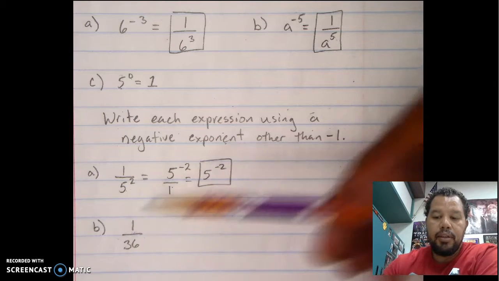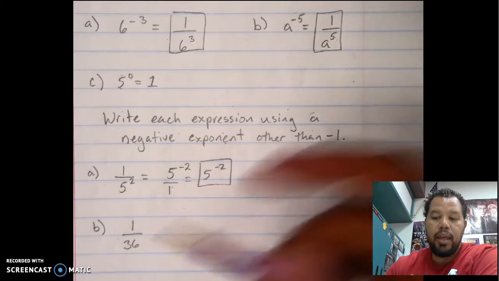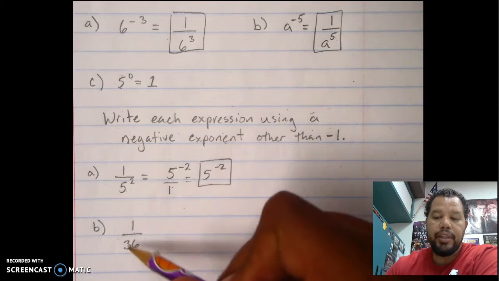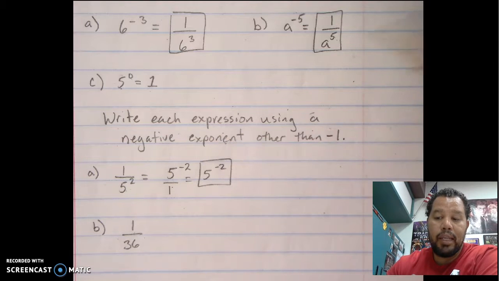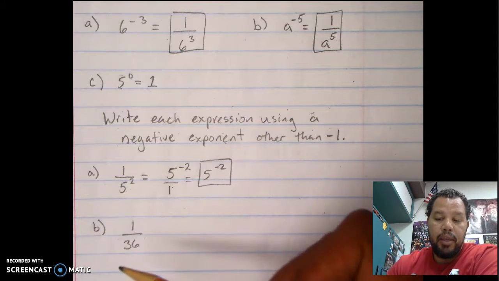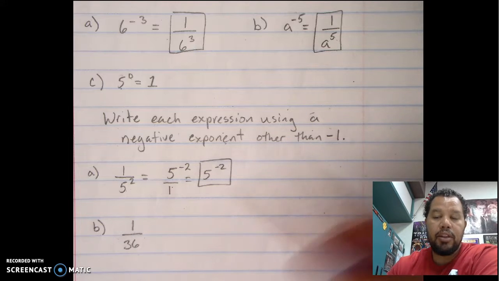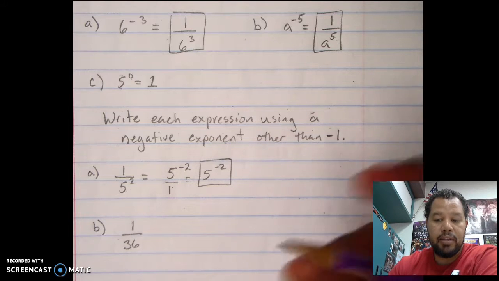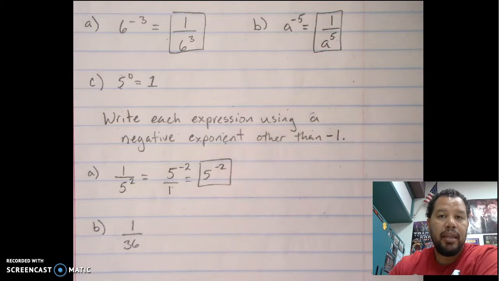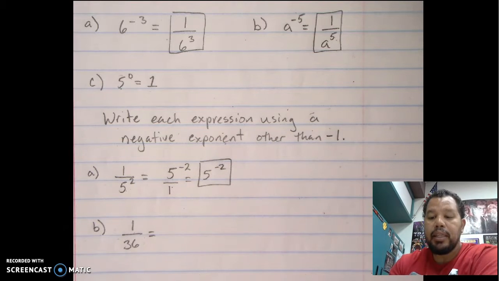This one is a little more tricky because we do not have a power in the denominator, but we still want to write it using a negative exponent. First we need to rewrite this 36 as a power, so we need a base and an exponent. What number or factor can we multiply repeatedly to get 36?